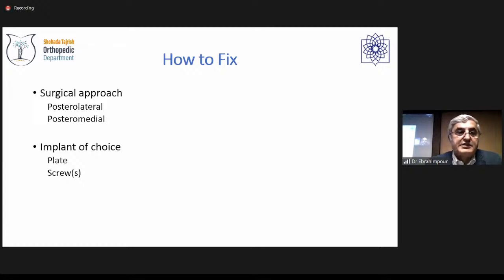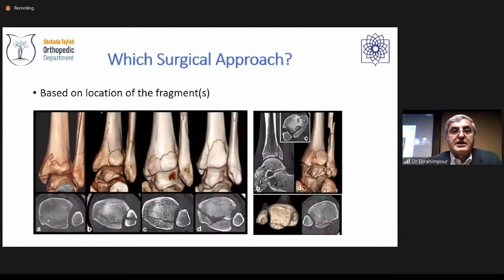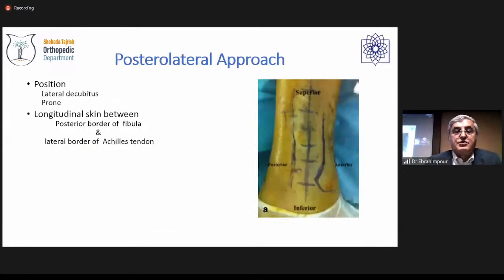How to fix it? Let's talk about surgical approach and implant of choice. The approach is based on the location of the fragments, usually a posterolateral approach. I prefer to put the patient in lateral decubitus, but the patient can also be in prone position.